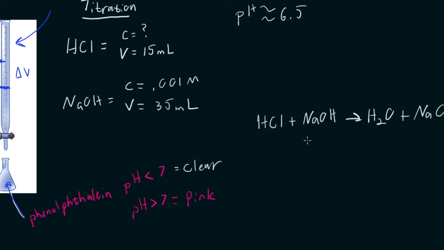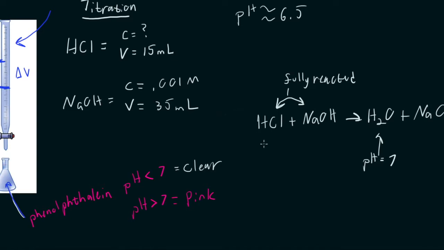So if I take this reaction until these two have fully reacted, then I'm just going to be left with the pH of water, which is 7. And so anything above that, the slightest amount above that, and I'm going to get a bright pink. So if I add 0.0001 milliliters more of NaOH, boom, pink. And so my volume measurement is actually going to be very accurate to tell me when this is neutralized.